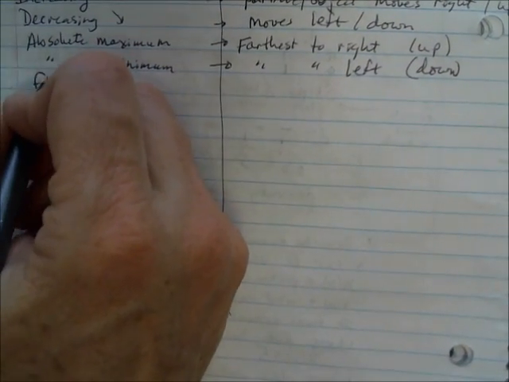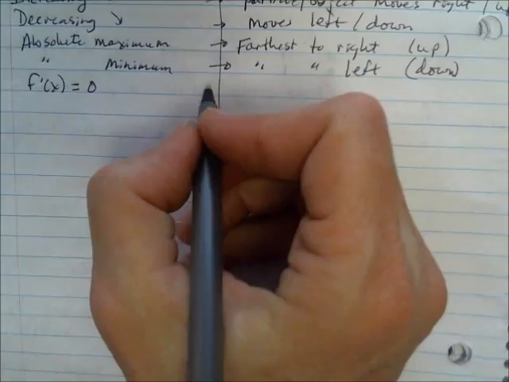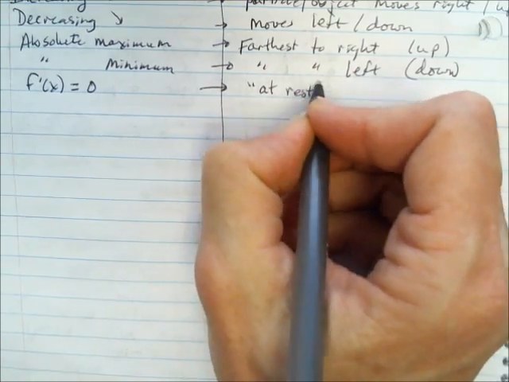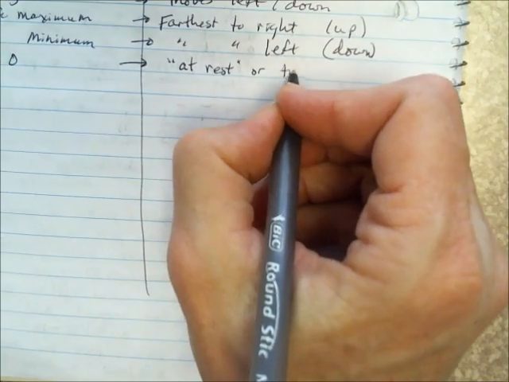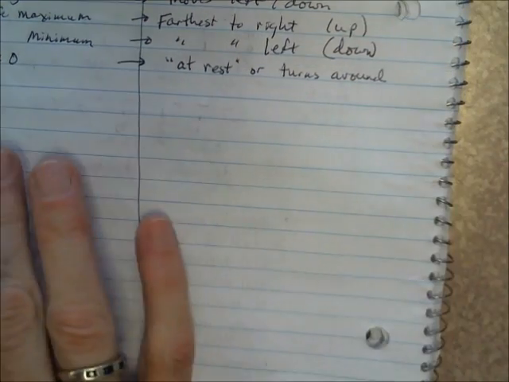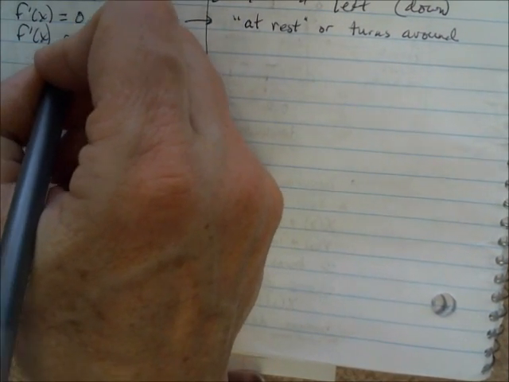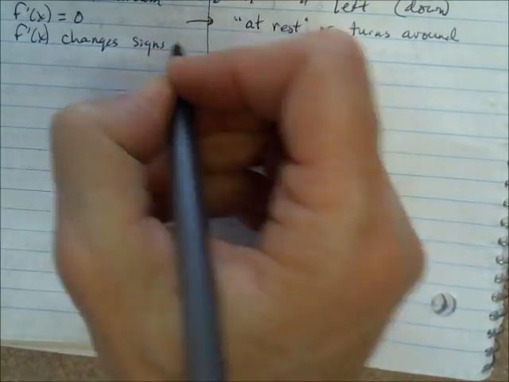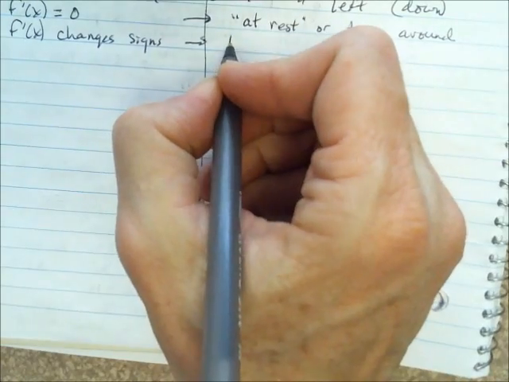Okay? When f prime of x, the first derivative, is equal to 0, that means the particle is at rest. Sometimes you call it at rest, or what I've said in class, it turns around. When f prime of x changes signs, that means the object changes direction, or the object turns around.